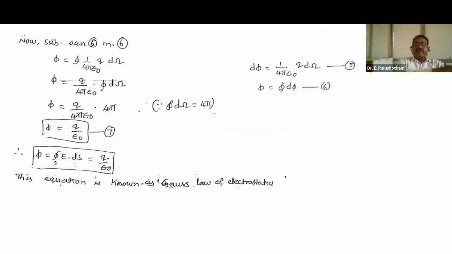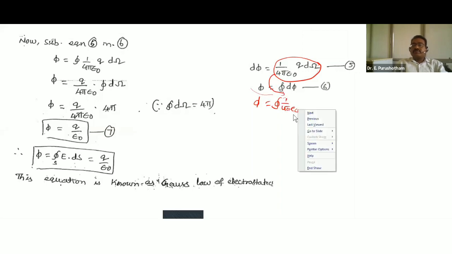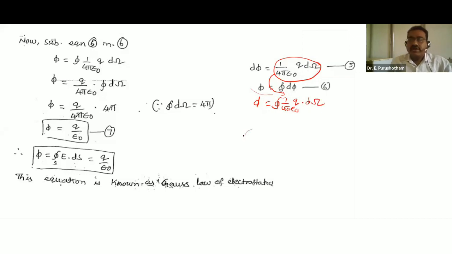So you can see in the next slide. Now substituting equation 5 in equation 6. So φ is equal to the surface integral of dφ, which is 1 by 4π ε₀ into Q into dΩ.